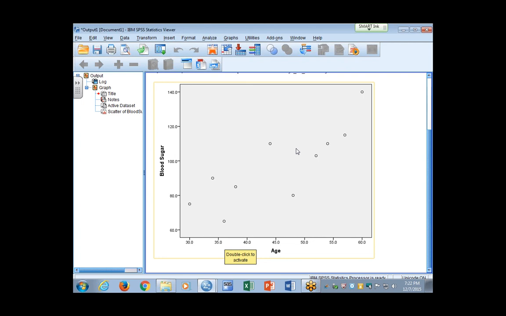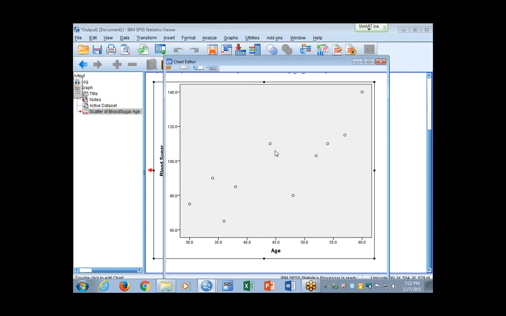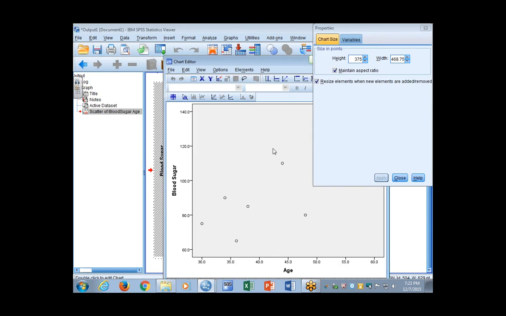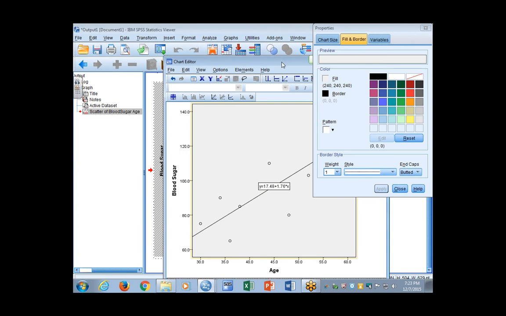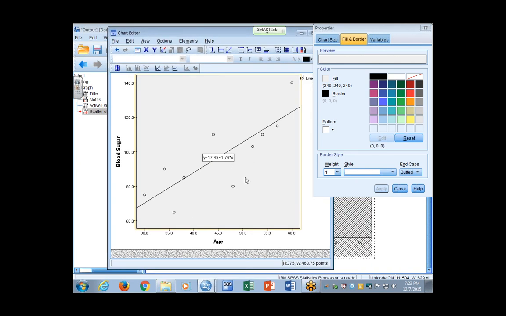Now I'm going to go a step further here. I'm going to double click on this chart, and an editor will come up. One of the symbols down here is a function to add a fit line. Similar to Excel, it adds that fit line for us, and it gives us the same formula for that line as Excel does.